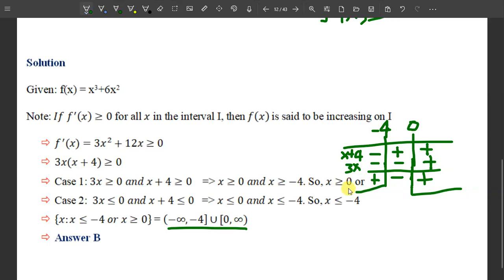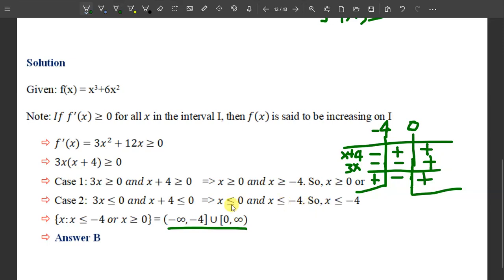Now the connective of the two cases is or. Here we have 3x less than or equal to 0 and x plus 4 less than or equal to 0. This implies x is less than or equal to 0 and x is less than or equal to minus 4.